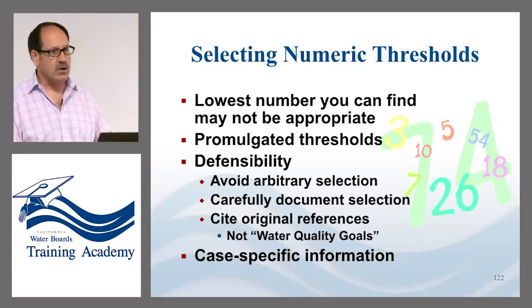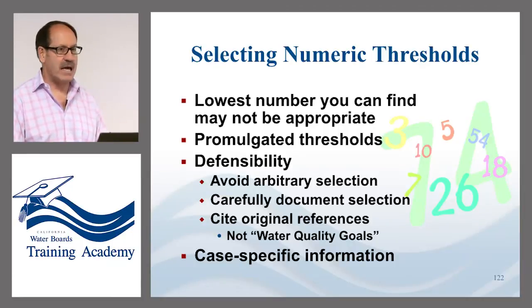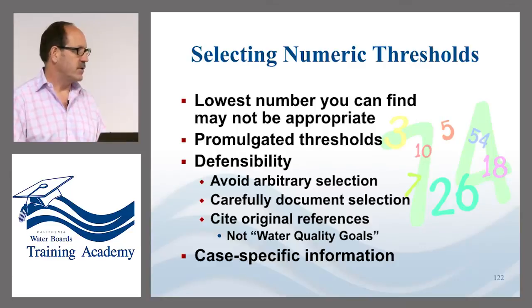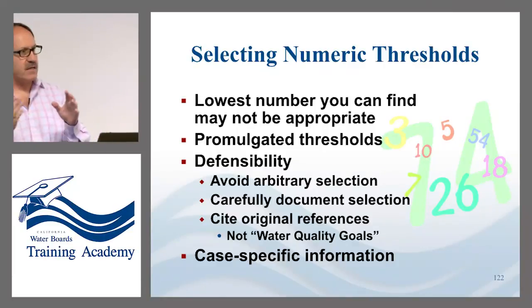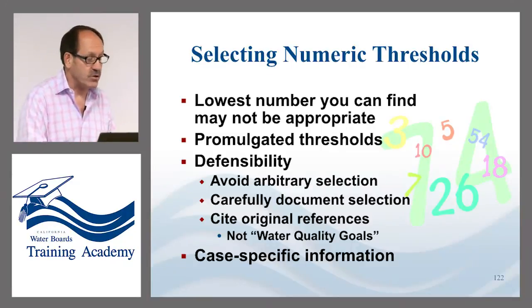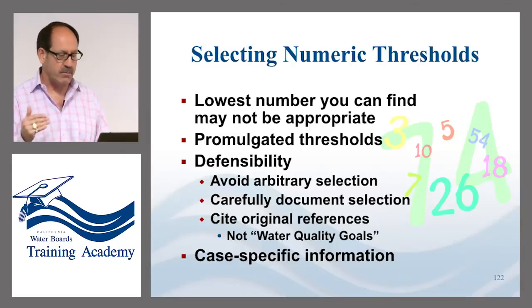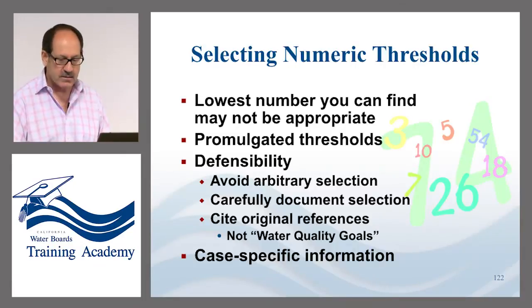So we're not going to look at other human toxicity issues in Region 8 if there's an MCL. So you need to know what's specific to the case, the region in the basin plan, what are the particular beneficial uses you're trying to protect. So these are some limitations that will come from knowing more about the case. So the same number isn't going to apply everywhere.